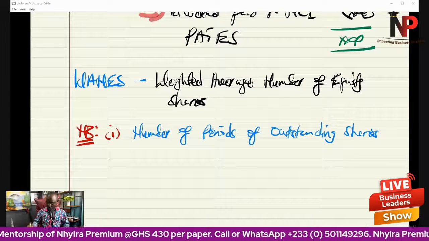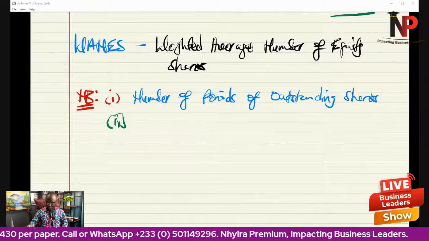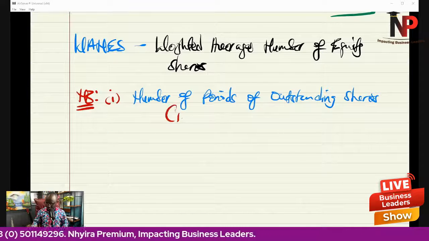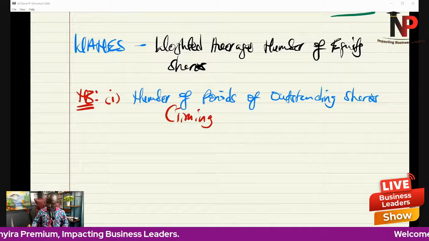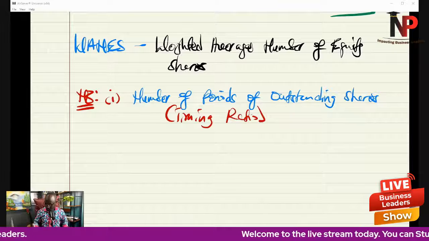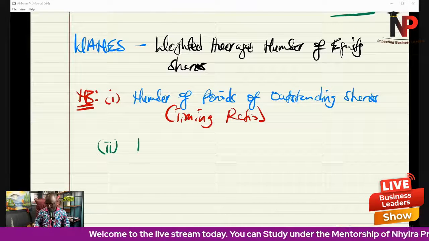Note that the number of periods for outstanding shares can be referred to as the timing ratio. Don't worry, I'm going to explain that as well, but I want to give you a heads up about it. Then we're also going to have what we call the bonus fraction.